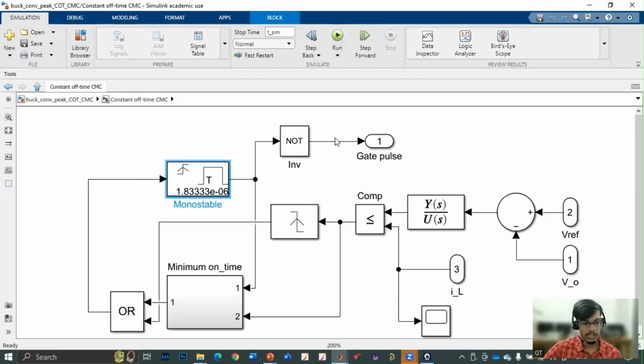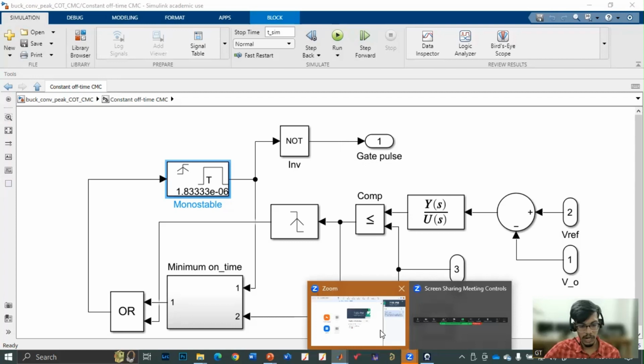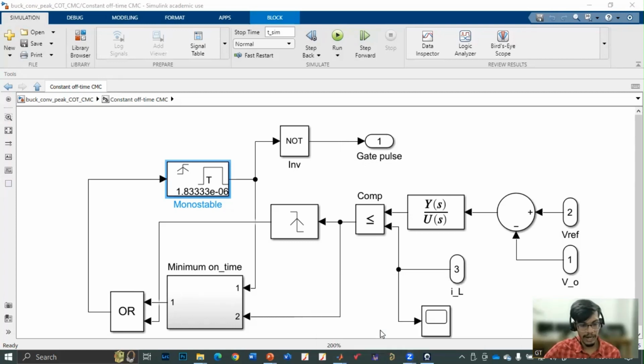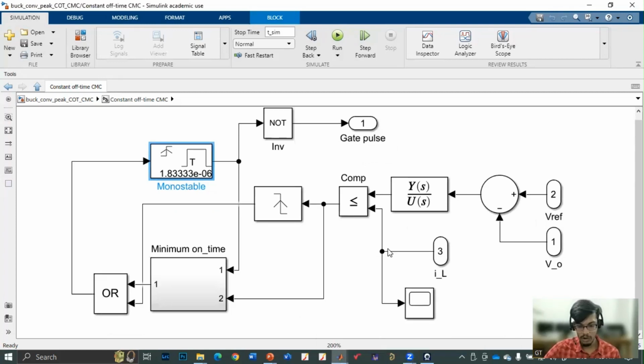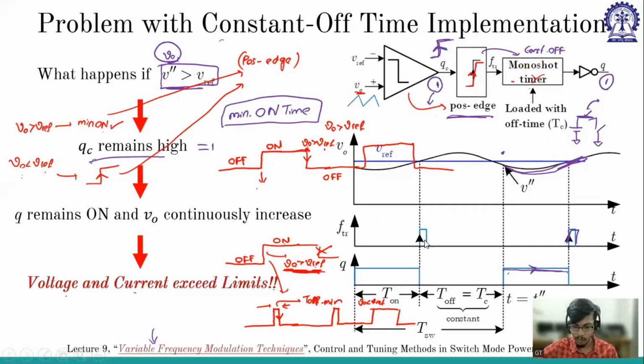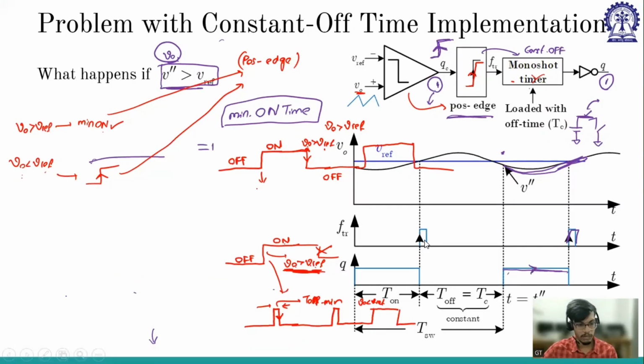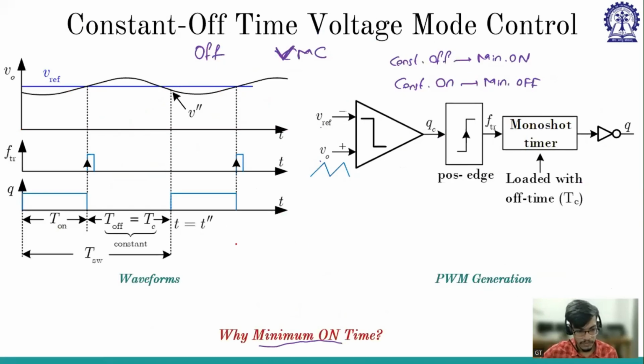So does this circuit not have voltage feed forward? No, this is current mode control, and current mode control has good line regulation. So we are not using voltage feed forward. Now that you have pointed out a very good question, let me say here: in voltage mode control, we use input voltage feed forward because it has poor line regulation.